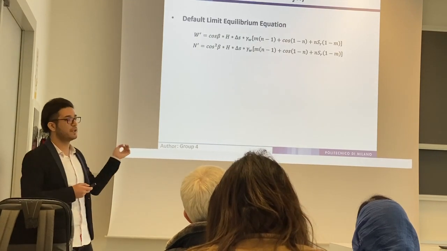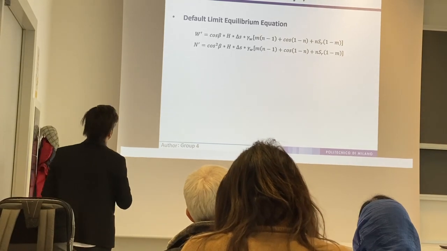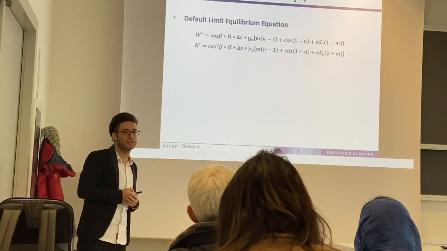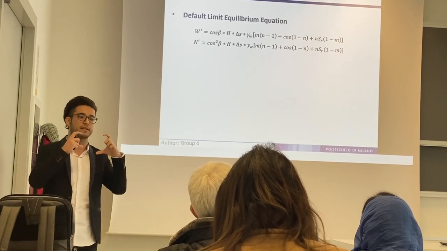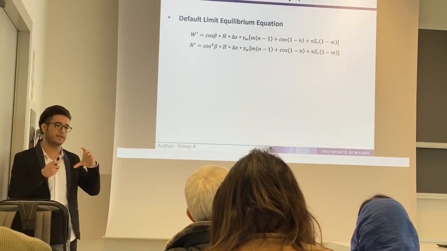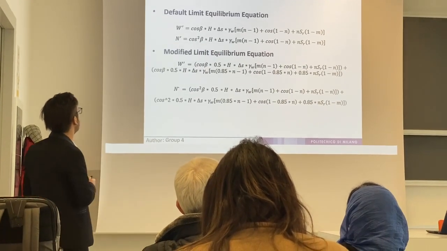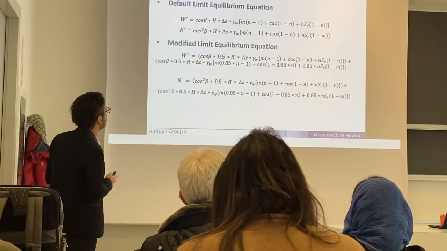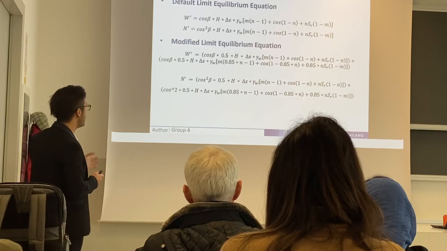Another modification that we made to the SLIP model: as we said, these are default parameters in the limit equilibrium equation. It somehow considers the whole slope as one single layer with single characteristics. We have tried to modify these values, like assuming two layers by multiplying them by 0.5.